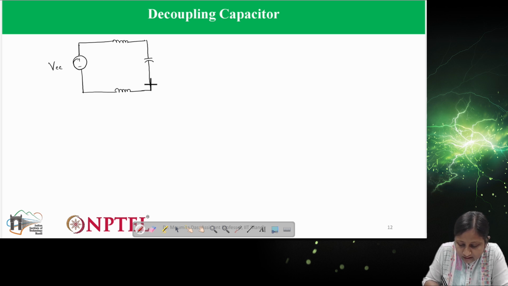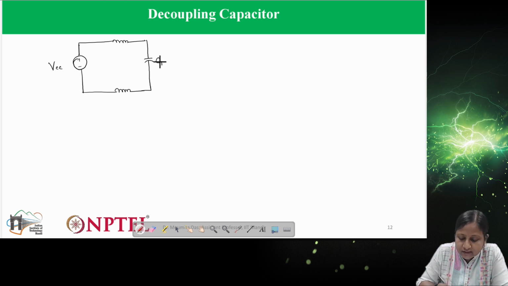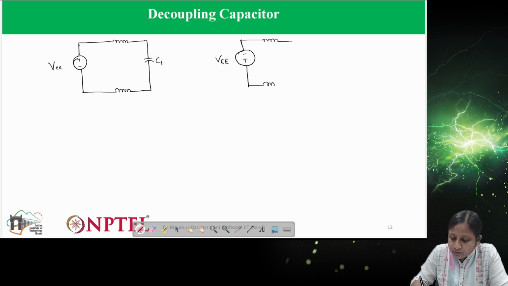This is the decoupling capacitor connected across VCC. Let's represent it as C1. Similarly, we can have a similar decoupling capacitor connected across the negative supply, if we have one. I have represented it as VEE for wide bandgap devices, so we connect another decoupling capacitor there.